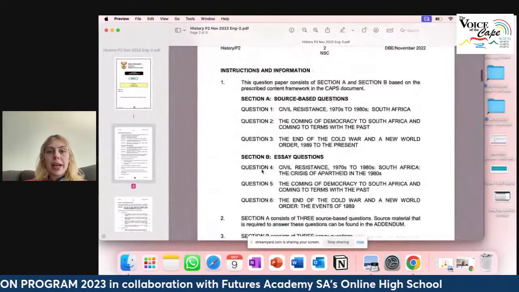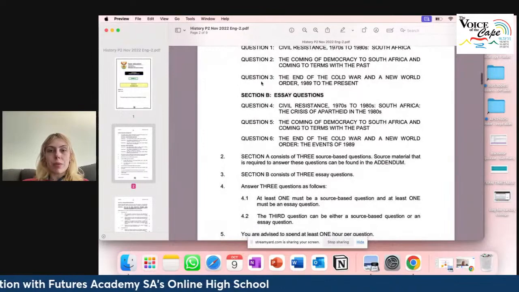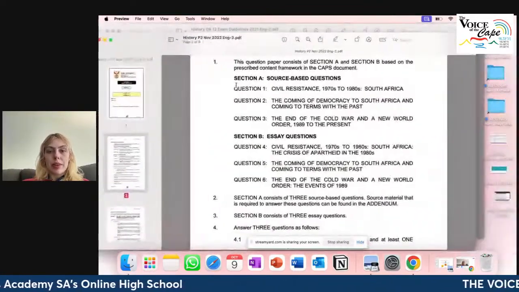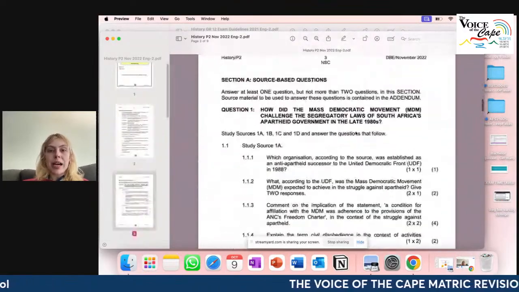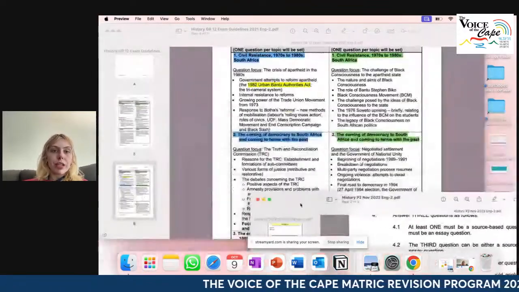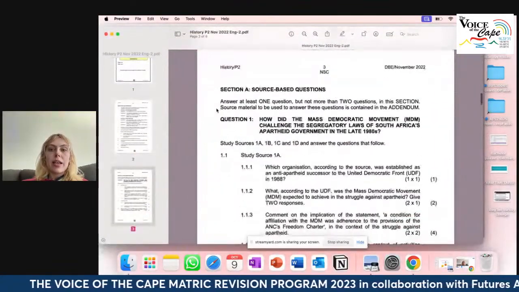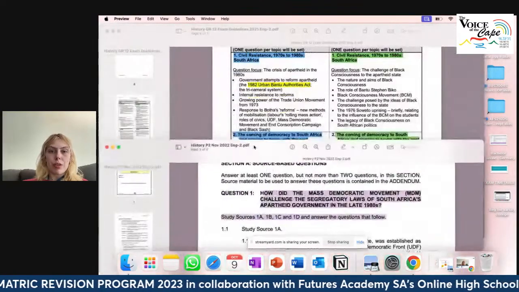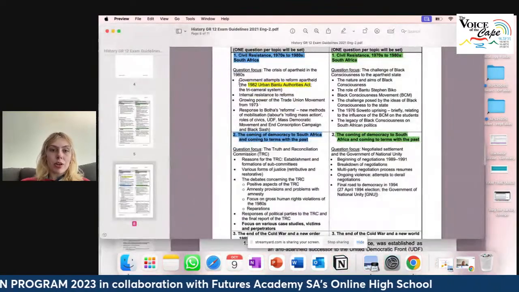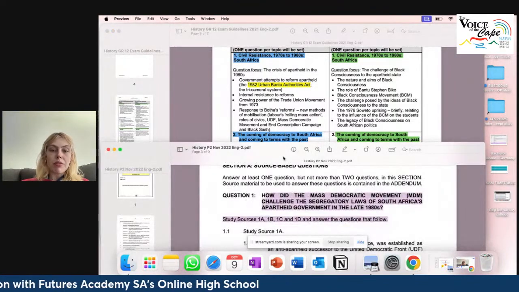Okay, so again, the instructions page looks the same as the paper one. The only difference is the topics. So you will see that they are listed here. And then again, just pointing out that your question focus here of the crisis of apartheid in the 1980s is not the same as the actual question. That's just the focus of the question. It could ask you on any of these things here or a combination thereof.